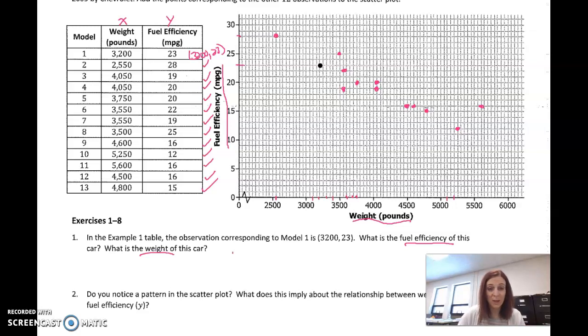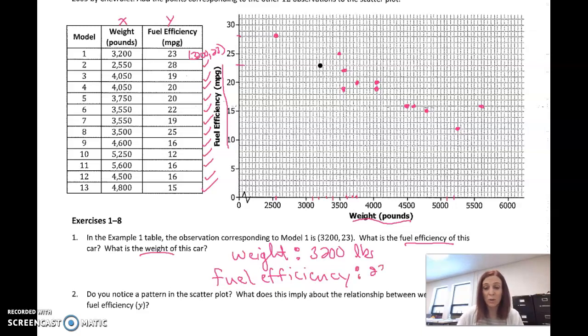So the weight is 3,200 pounds. Our fuel efficiency is our Y value, and that is 23 miles per gallon.